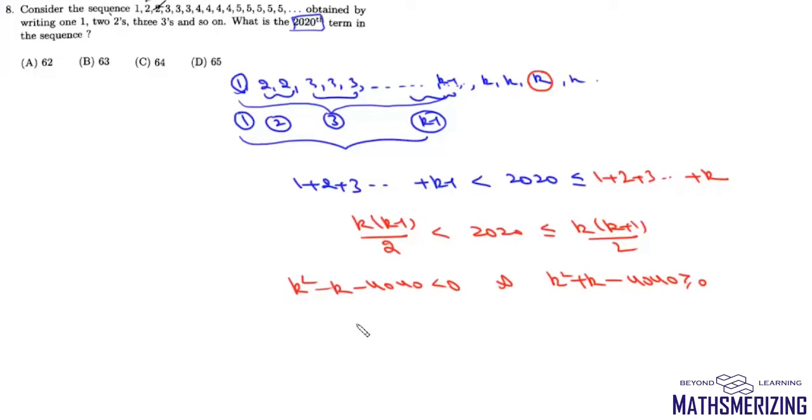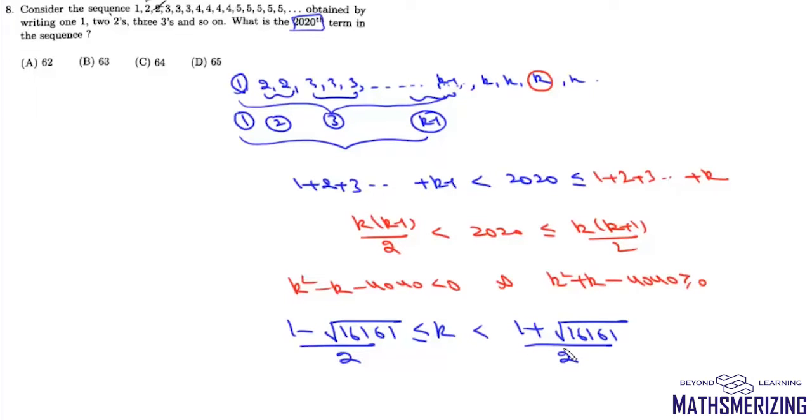Now we'll solve these two conditions. We'll get the result that the value of k should be greater than or equal to (1 minus root of 16161)/2, and it should be less than (1 plus root of 16161)/2.